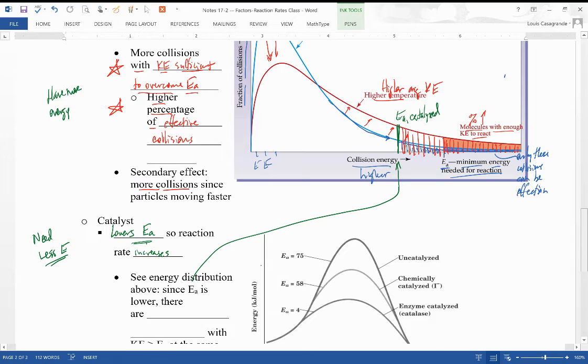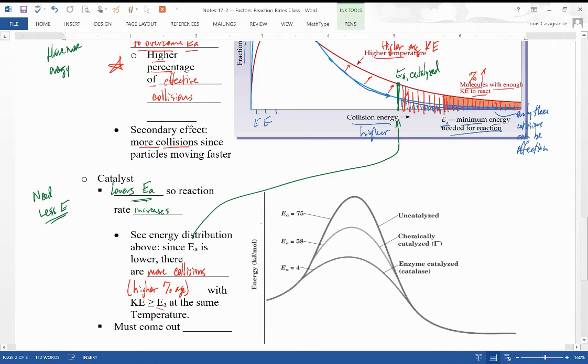So either way, there are more collisions and a higher percentage with kinetic energy greater than this new, lower activation energy. So that's what we're showing on the diagram to the right here.